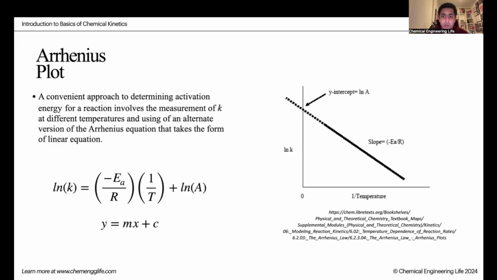Then you can calculate your A value from the y-intercept, and you can use the slope to calculate your activation energy of that specific reaction. That's not something that you can just figure out mathematically, but something that we perform experimentally. So you perform the experiments at different temperatures, for different rate constants, and then you use the slope to calculate your activation energy and the y-intercept to calculate your A value.